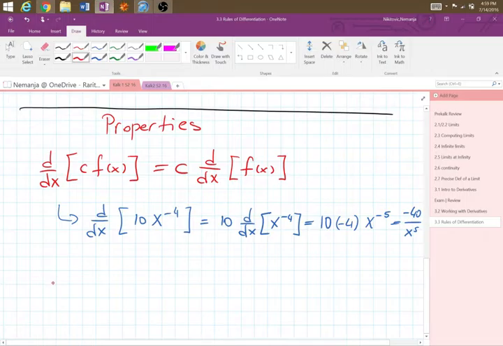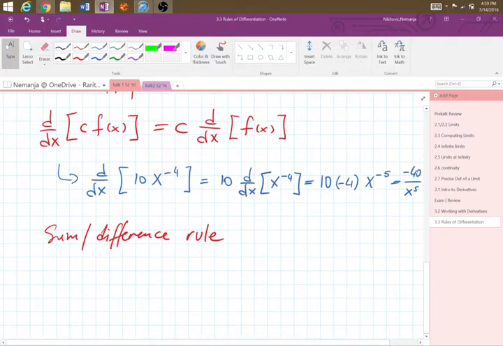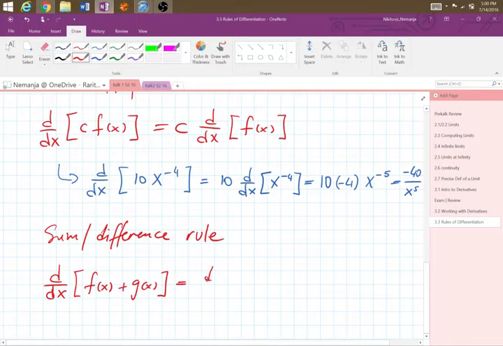Then we have a sum and a difference rule. I push that into one. So the sum and difference rule says that if you have the derivative of two functions, you can do derivatives separately and add those results.